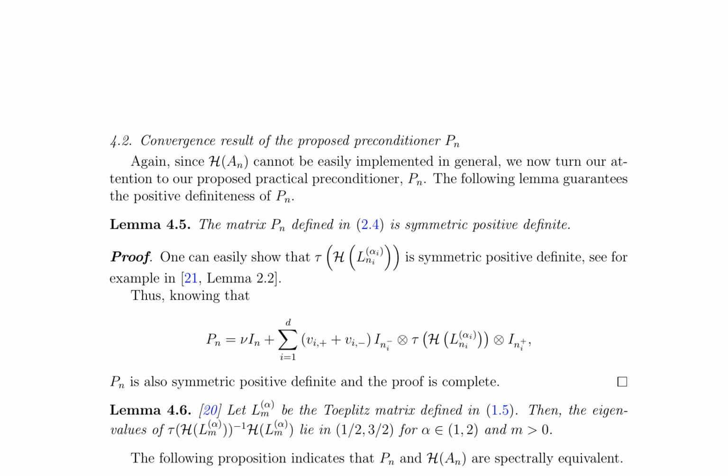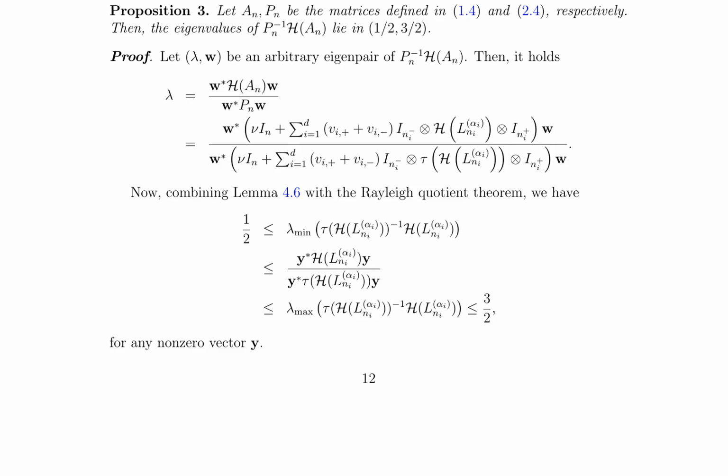The proposed practical preconditioner P_n is introduced, and Lemma 4.5 guarantees its positive definiteness. Lemma 4.6 states that the eigenvalues of τ(H_{l,α,m})^{-1} H_{l,α,m} lie in [1/2, 3/2], for α in (1, 2) and m greater than 0.